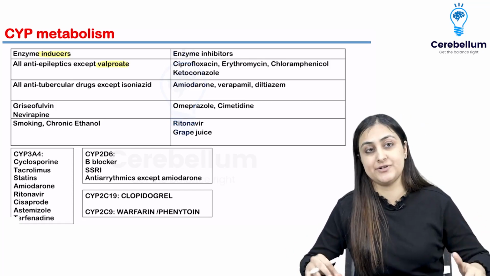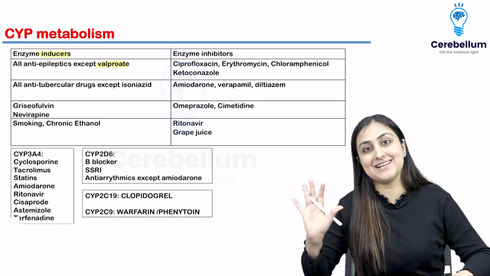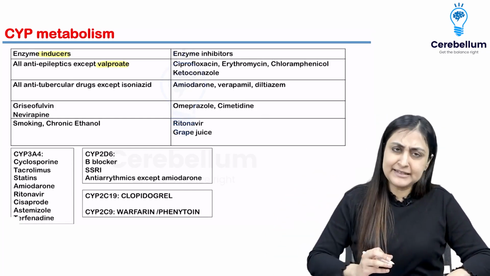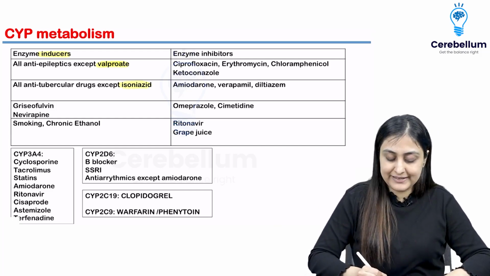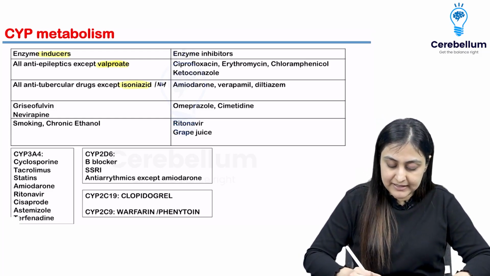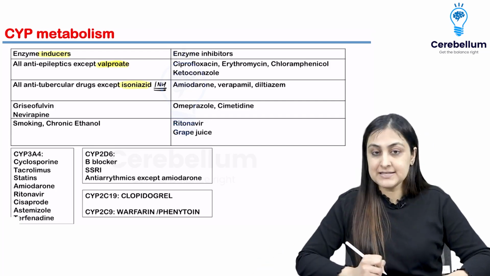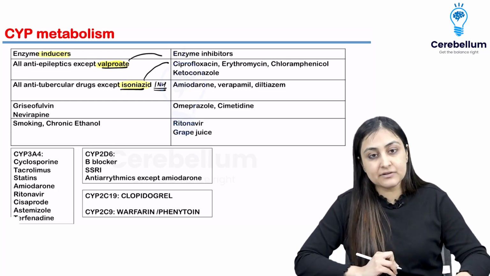Everybody else is an inducer, right? Whether it's phenobarb, whatever they give you, remember valproate is an inhibitor. All ATT are inducers except INH. So I only care for INH, that INH is an inhibitor, and the name only tells me INH inhibitor. Yes, so valproate, isoniazid inhibitors. That's my takeaway from here.